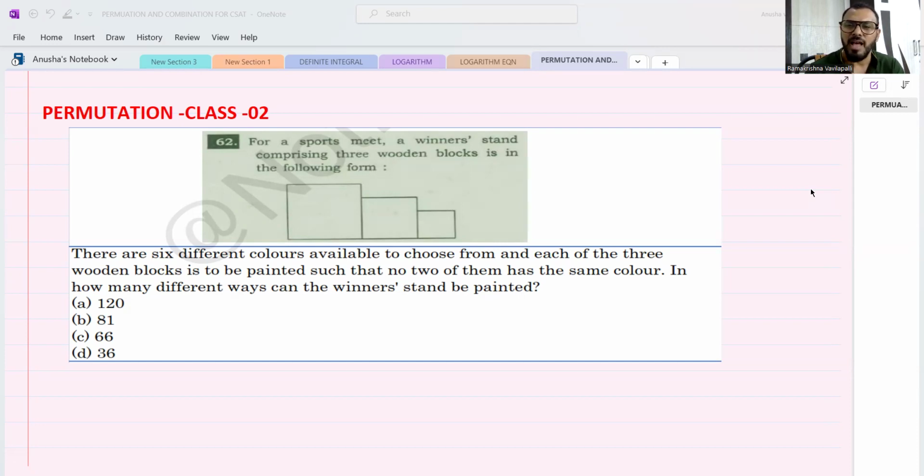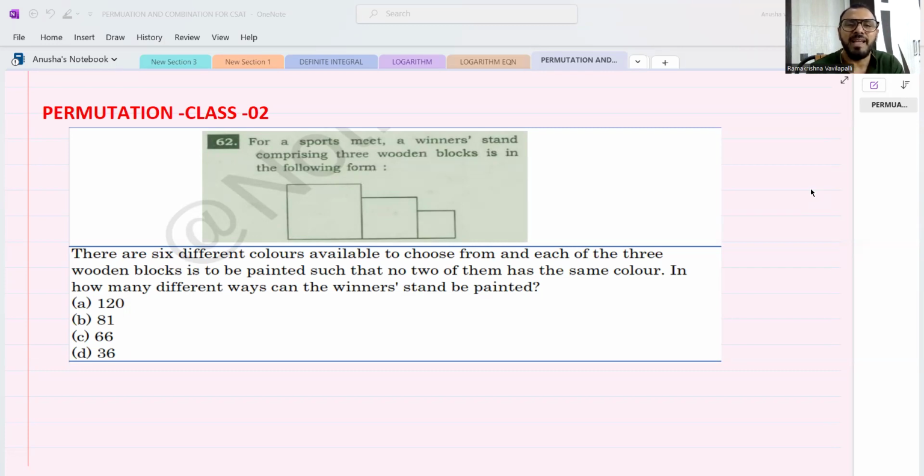Now, in this class, I'm going to explain how to find arrangements of objects taken some or all at a time using simple formulas, or even without formulas.